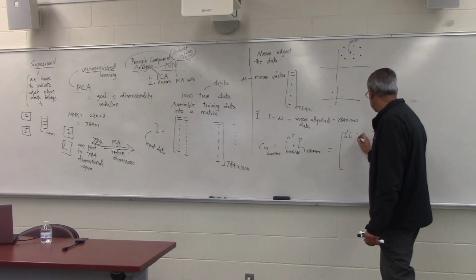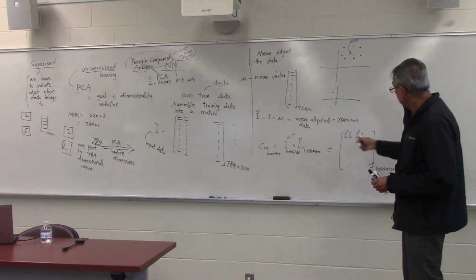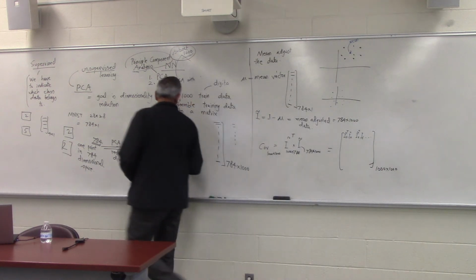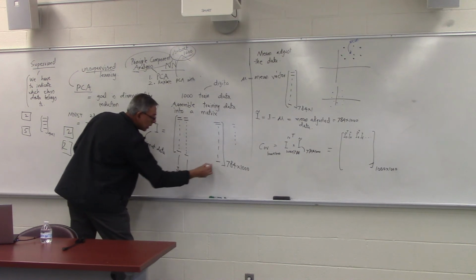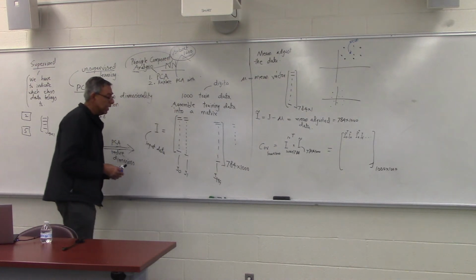Then the next value is I0 tilde transpose times I1, and so on. So if I0 is our first, this is I1, this is I999 in our case, right?